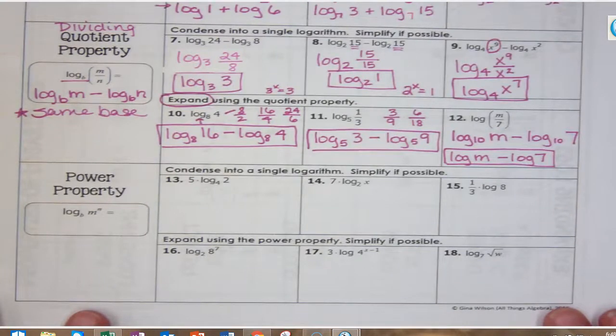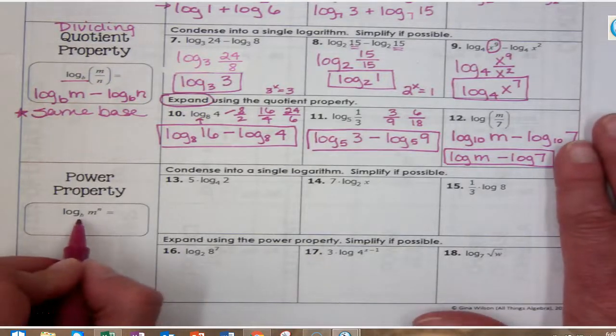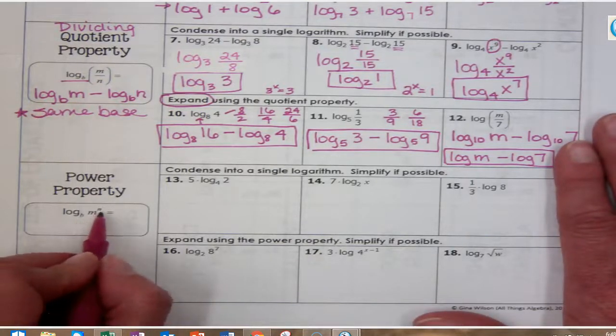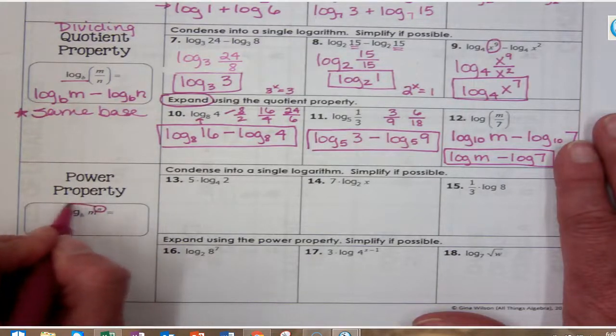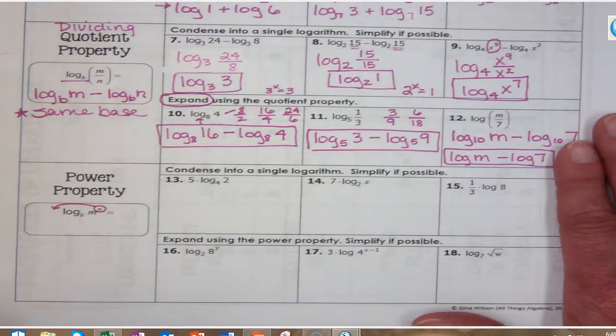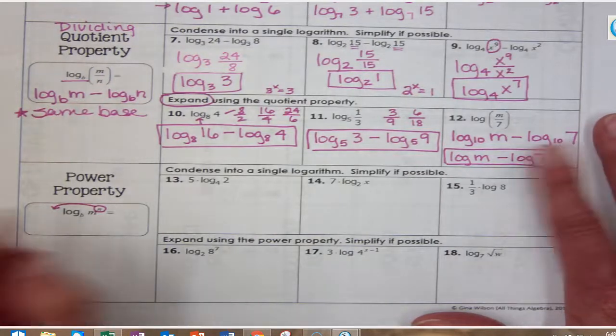Power property. All right. So same type of thing. Now this, you start moving things around, and this gets a little bit more extensive than exponents. But it's the same type of thing. So when you have log base b of m to the nth power, what you do is you basically move that n in front of the logarithm and you multiply it.